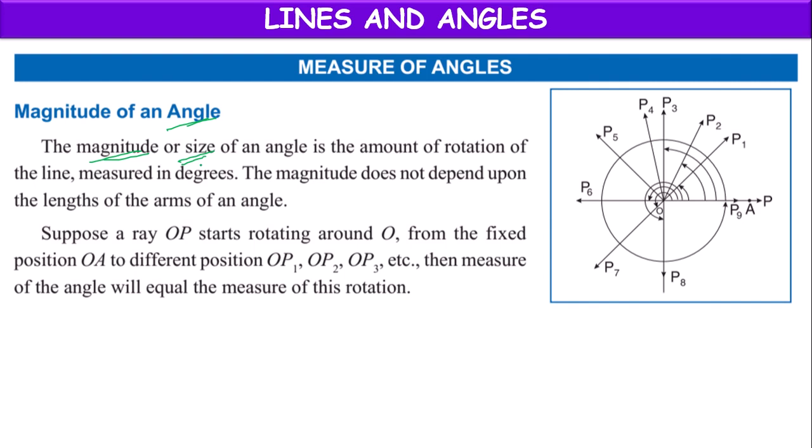The magnitude or size of an angle is defined as the amount of rotation of the line. Suppose you have a line, and this line is rotating by what size or value or magnitude, that will be called as angle.